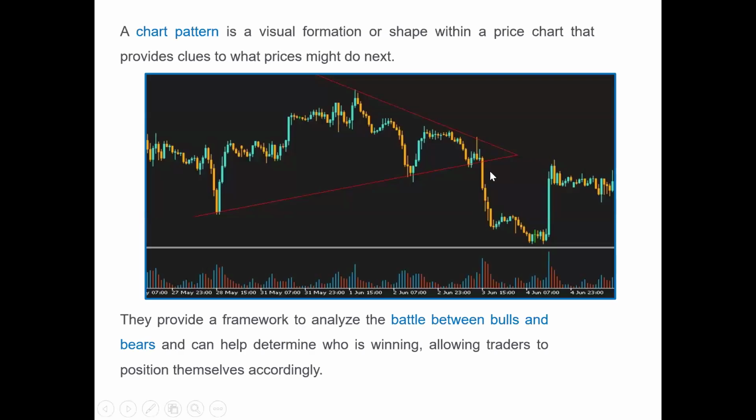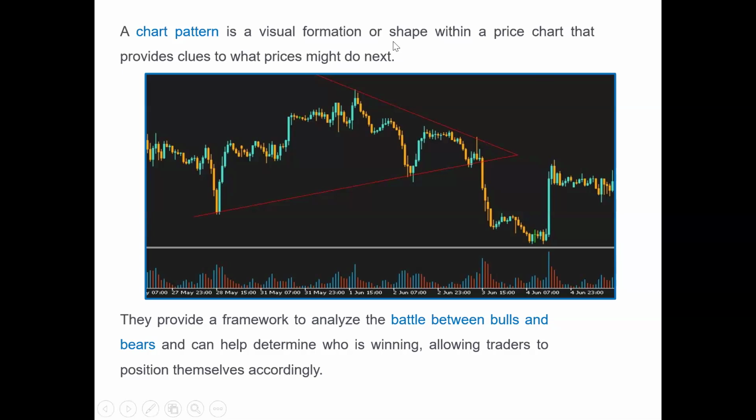So what are chart patterns? We say a chart pattern is a visual formation or shape within a price chart that provides clues to what prices might do next. Take note of that. I'll read it again. A chart pattern is a visual formation. From the word visual formation, it means it's something you identify by sight. Merely by looking at it, you can identify it.